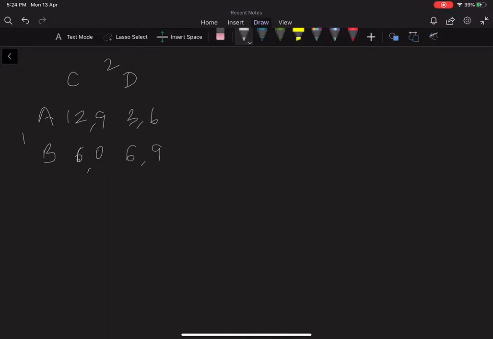Or it is the second payoff matrix, with rows A, B and columns C, D: 0, 9, 3, 6, 6, 0, 6, 9. Okay, so it is one of the two payoff matrices, and player 2 is unsure.